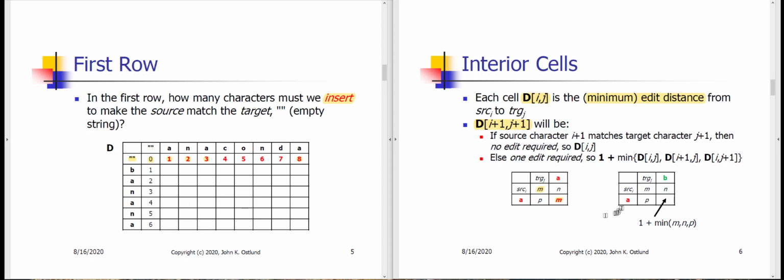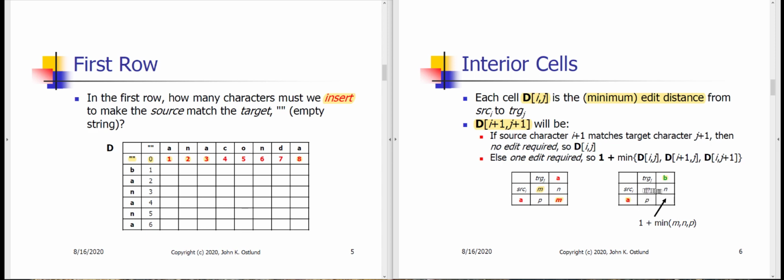On the other hand, let's suppose that these two characters here are not the same. In order to modify the source to match the target up to that next position, D sub I plus 1 comma J plus 1, let's think about this.